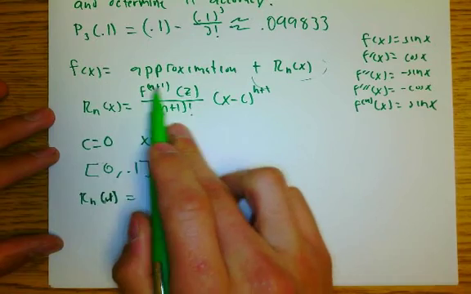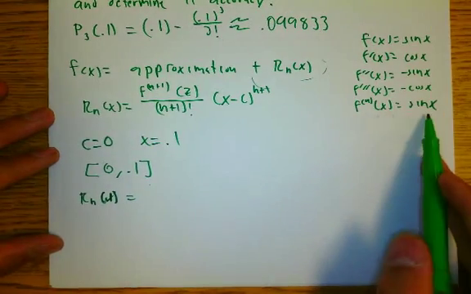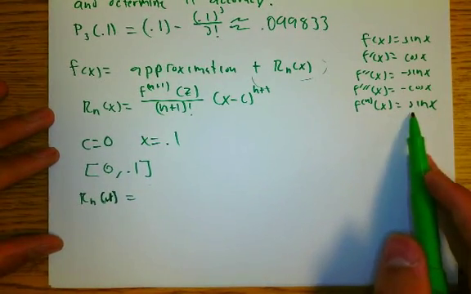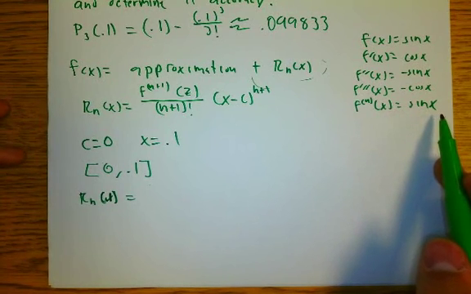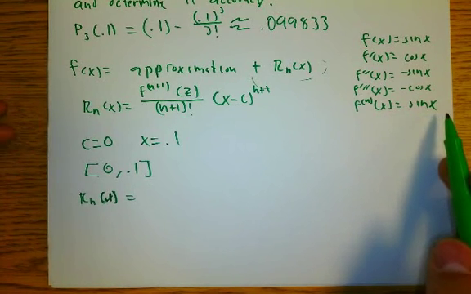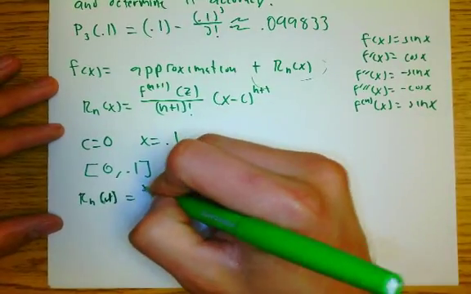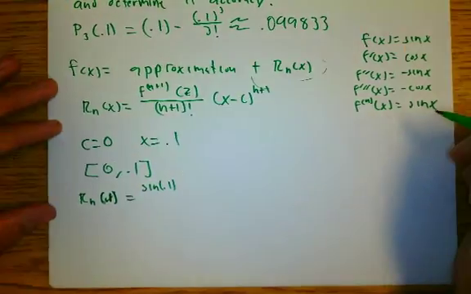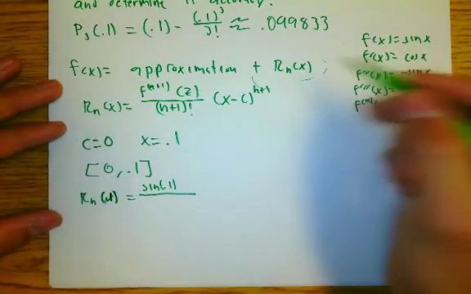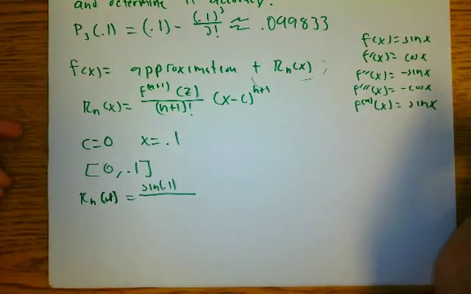So then this is sine of 0.1 over n plus 1 factorial. Well, what is n plus 1 factorial? What was our n? 4 factorial, right? Because look, we had 3 factorial, so the next one would be the 4 factorial.